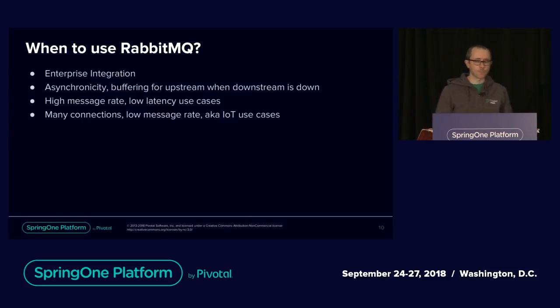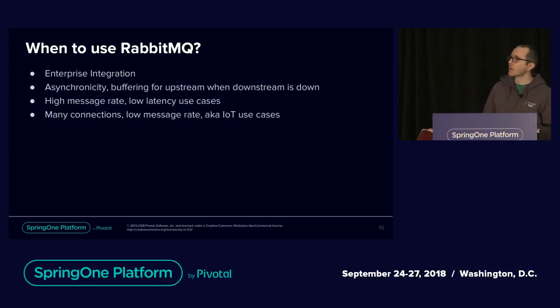We have two typical use cases for the type of workloads. First, high message rate, low latency use cases. These are the historical use cases for messaging brokers.